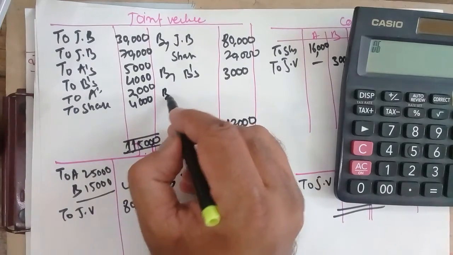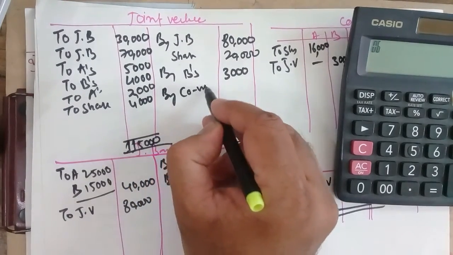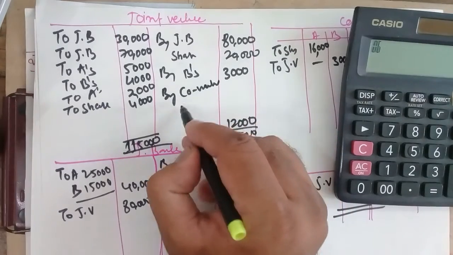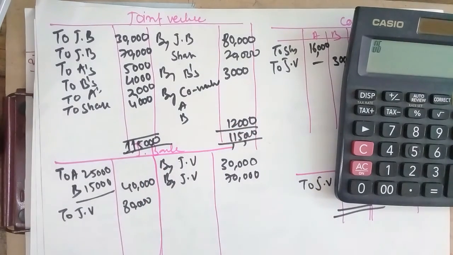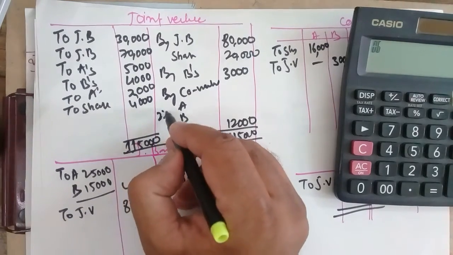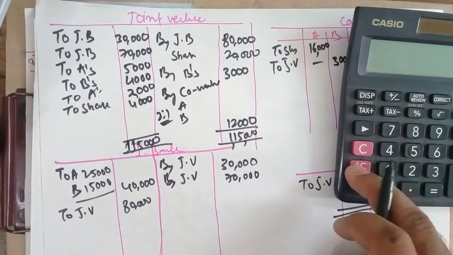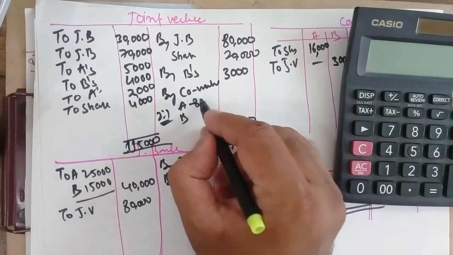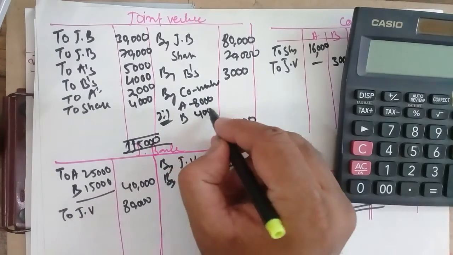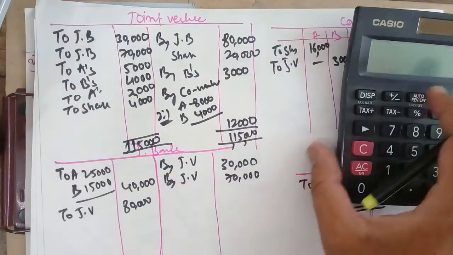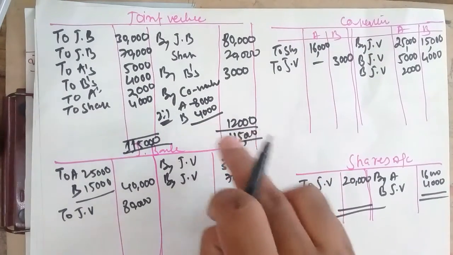Right? By whom should it be distributed? Co-venturers, that is A and B. In which proportion? The proportion is already given, that is 2:1. So 12,000 is 8,000 and 4,000. Clear? So 8,000 and 4,000 collectively make 12,000.